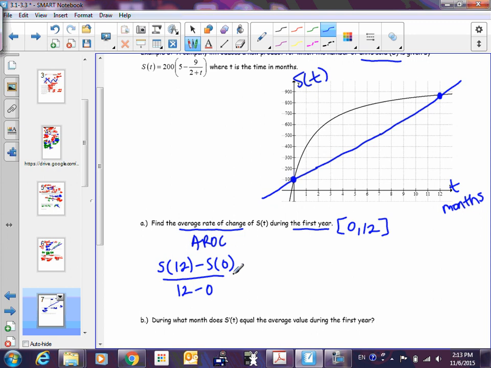And you would definitely want to use your calculator here. So go ahead and get your calculator out, or you can use the one on your phone. You want to plug 12 in, and then you want to plug 0 in to this original. This is not talking about derivative here. This is average rate of change.